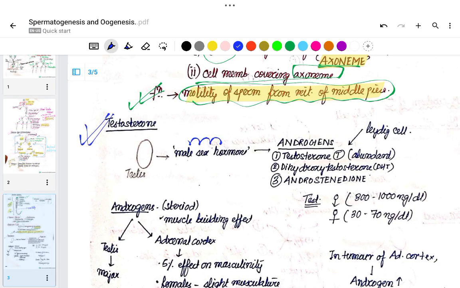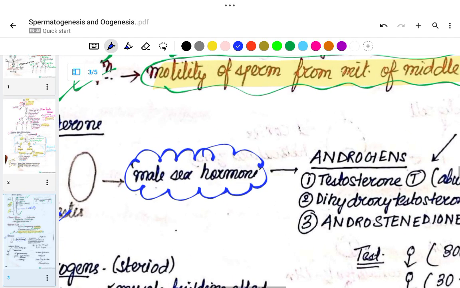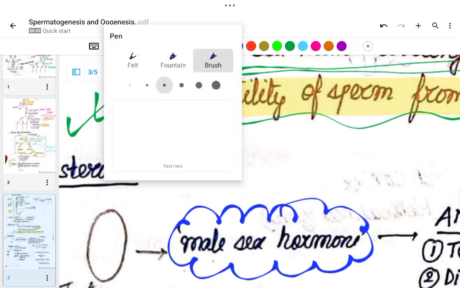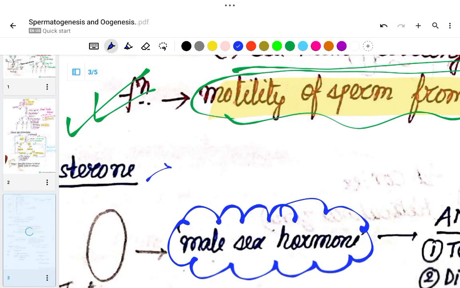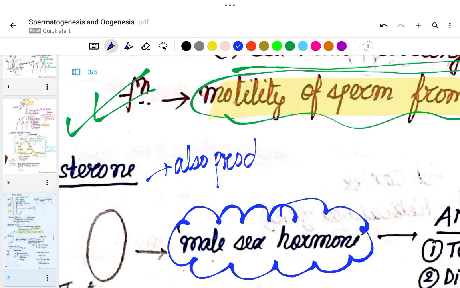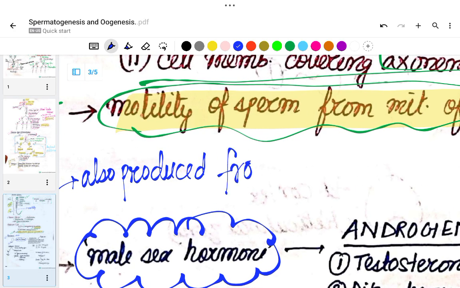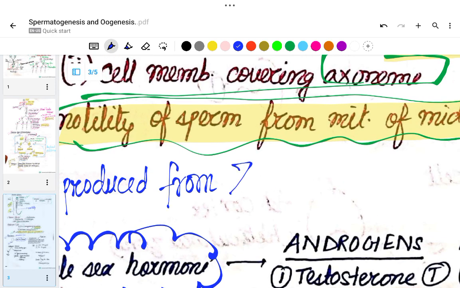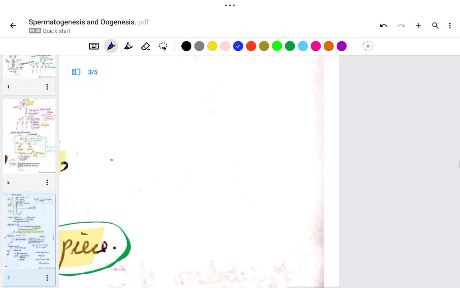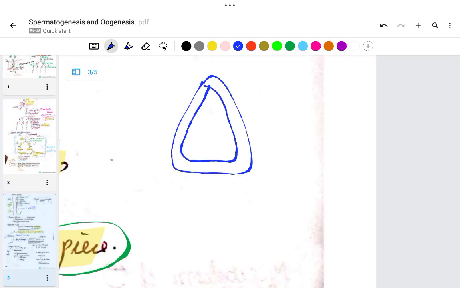Now, functions of testosterone. It is also known as the male sex hormone. Testosterone is also produced from the adrenal gland. If you remember, the adrenal gland has the outer cortex and inner medulla.